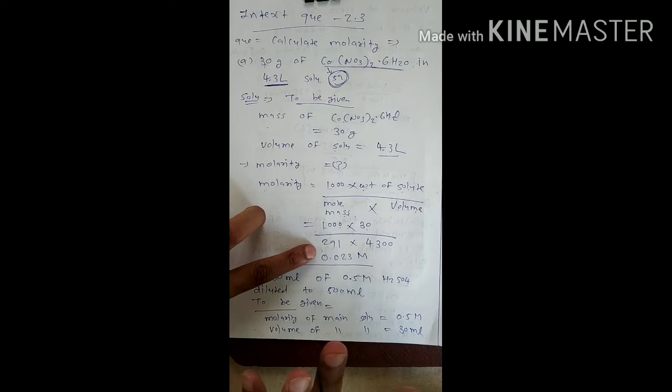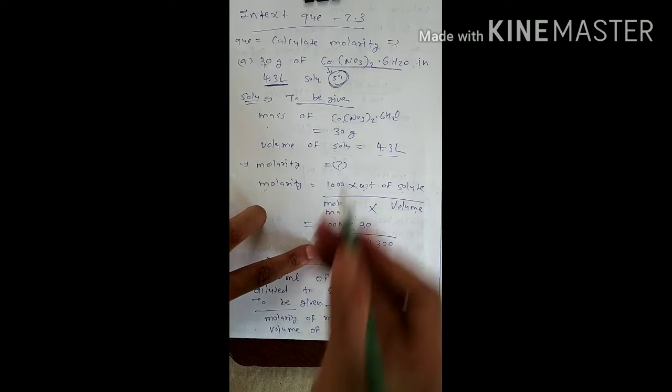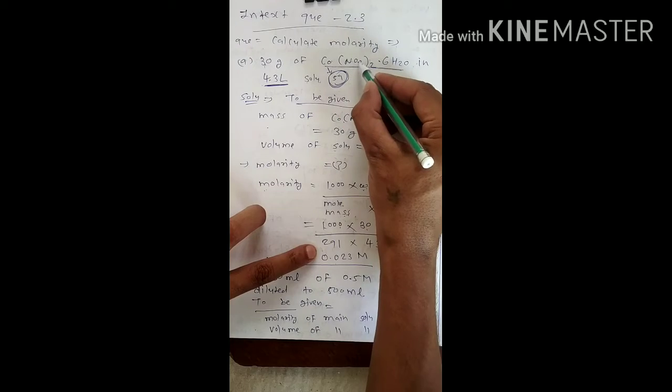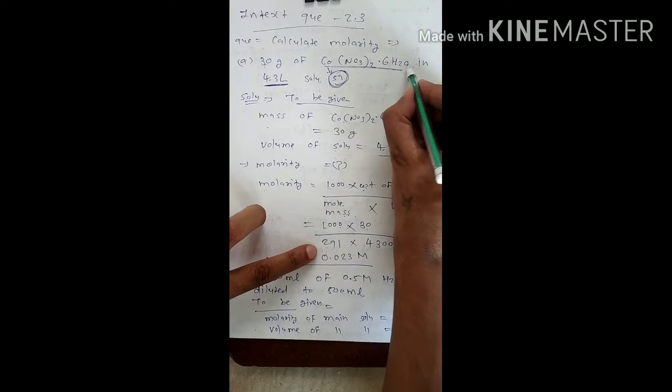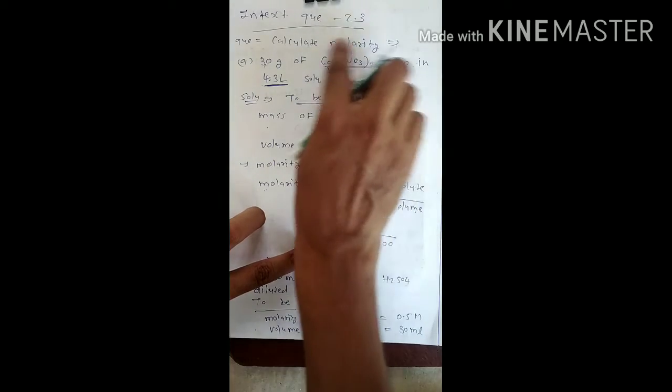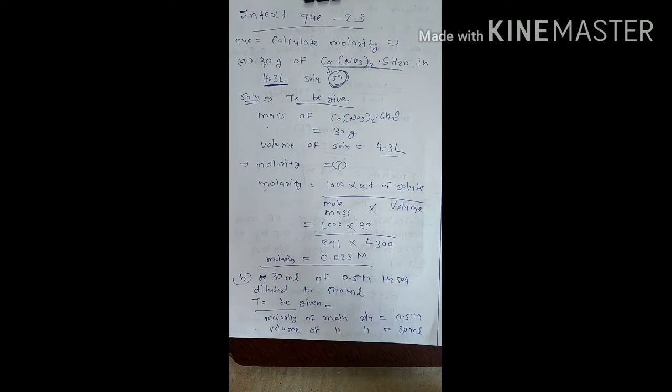Then nitrogen atomic mass 14, oxygen 16, hydrogen 1, oxygen 16. So by this formula you are going to calculate the molecular mass. If you don't know how, message me and I will tell you personally.